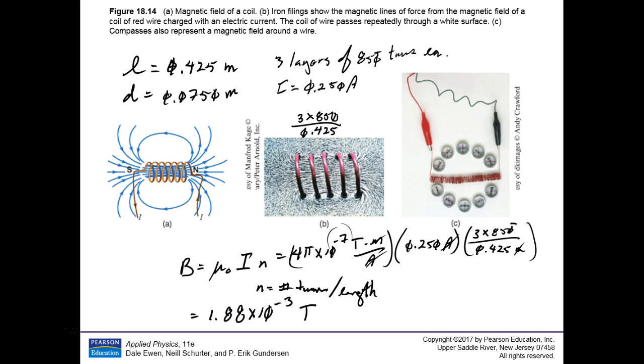Oh, wait, no, I'm sorry. Pi is 3 times 6 is 18. So it'd be 18 times 10 to the minus 4. So this should be 10 to the minus 3, it looks like. So let me watch you do yours.